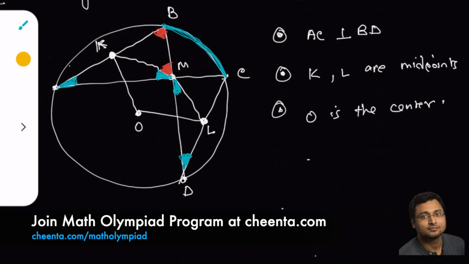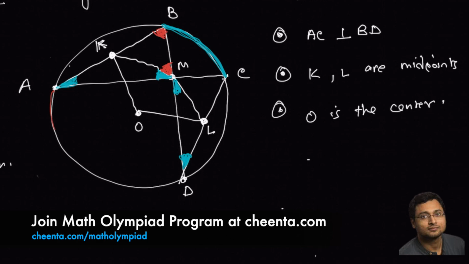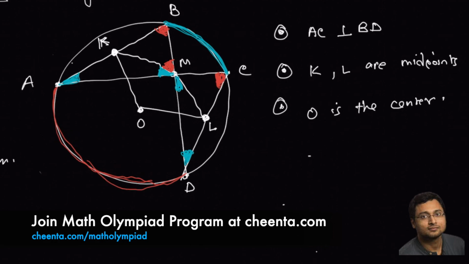Similarly, one can show that this red arc subtends this red angle here. It also subtends the same red angle here. So this angle is also red, and again LM is equal to LC, so this angle is also red.